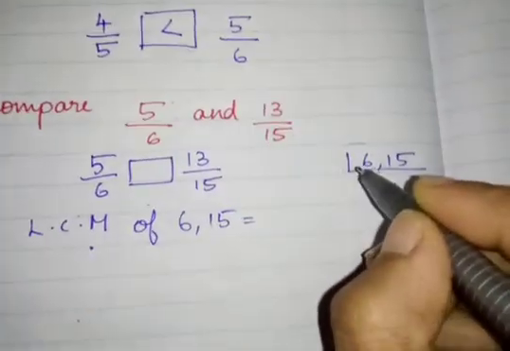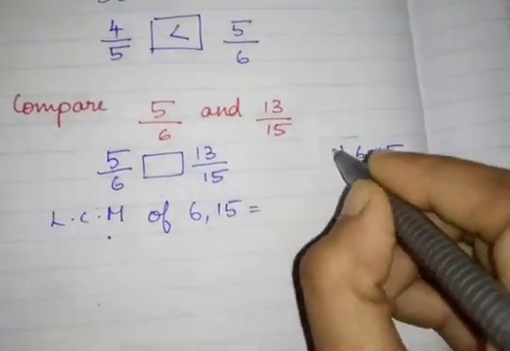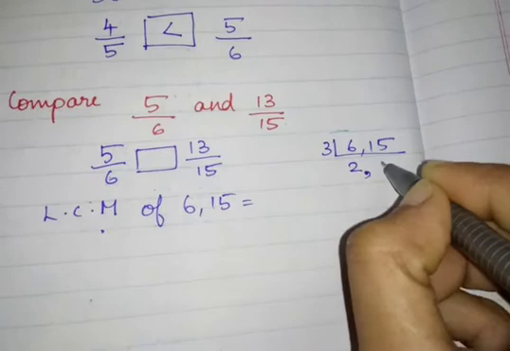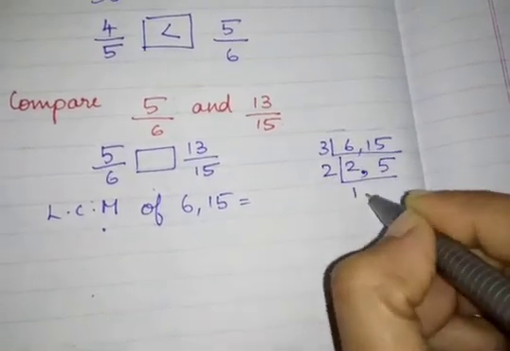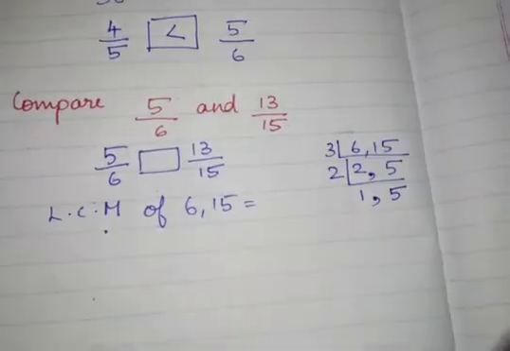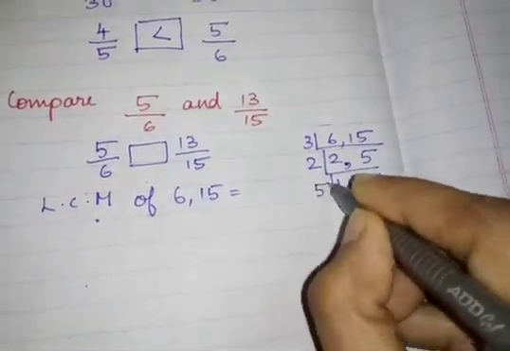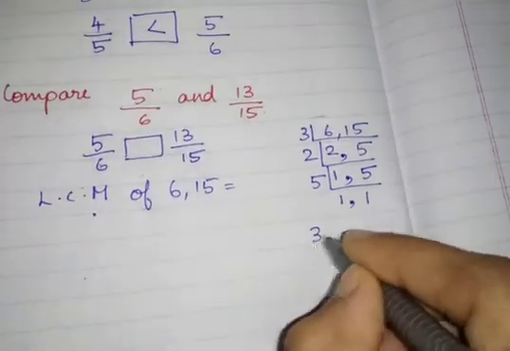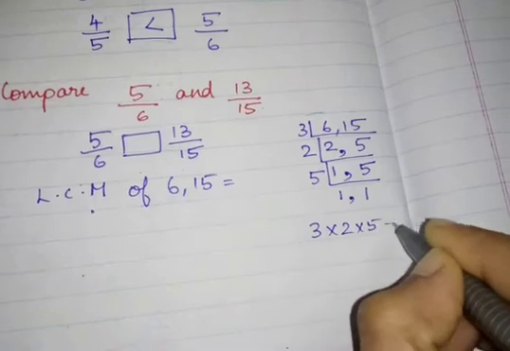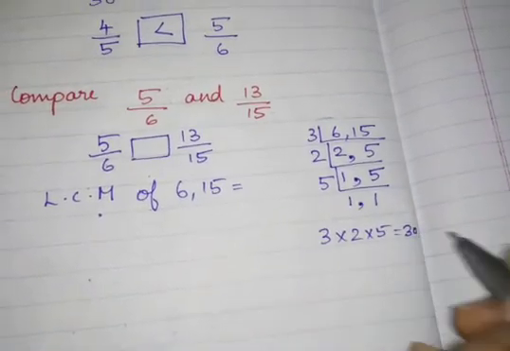Now we can do with the third table, because 6 and 15 both come in the third table. 3 2s are 6, 3 5s are 15. Then in the 2 table, 2 1s are 2, 5 does not come, so putting down as such. Next, in the fifth table, 1 down as such, 5 1s are 5. So now 3 into 2 into 5.